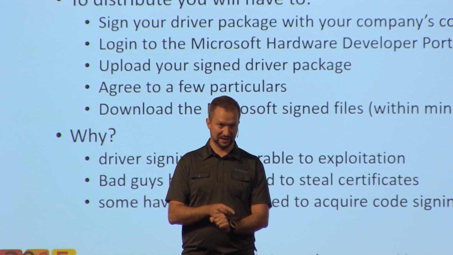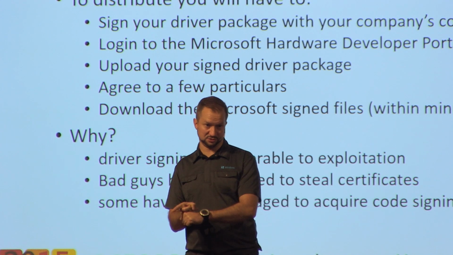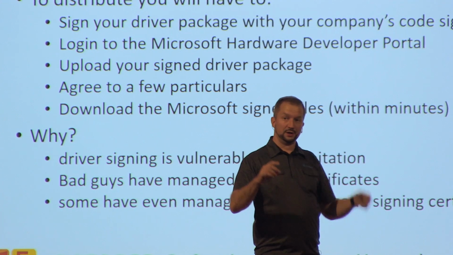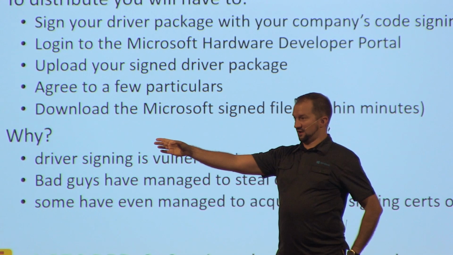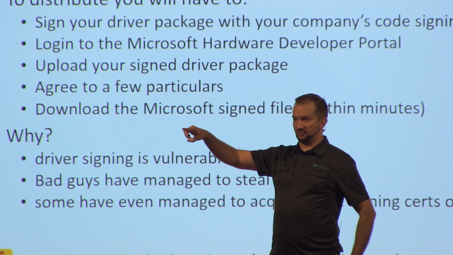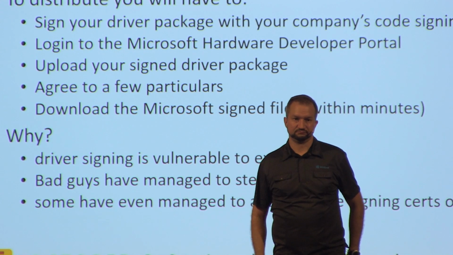Not just signed like 8.1, but signed by Microsoft. So if you develop a driver, you need to go to the hardware developer website, log on using your Microsoft account, and ask Microsoft to sign your driver.